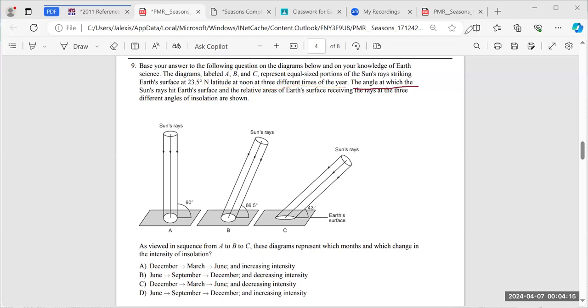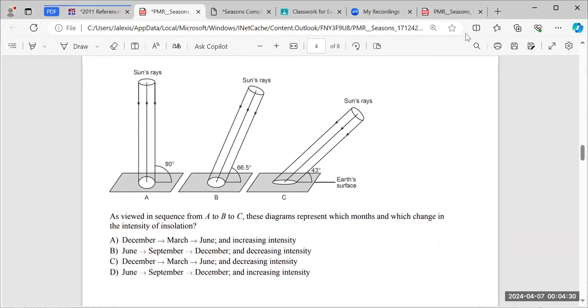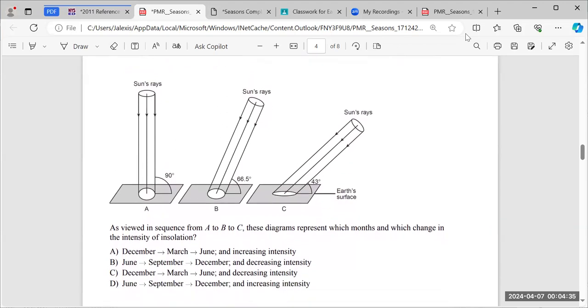The angle at which the sun rays hit Earth's surface and the relative areas of Earth's surface receiving the rays at the 3 different angles of insolation are shown. As viewed in sequence from A to B to C, these diagrams represent which months and which change in the intensity of insolation.